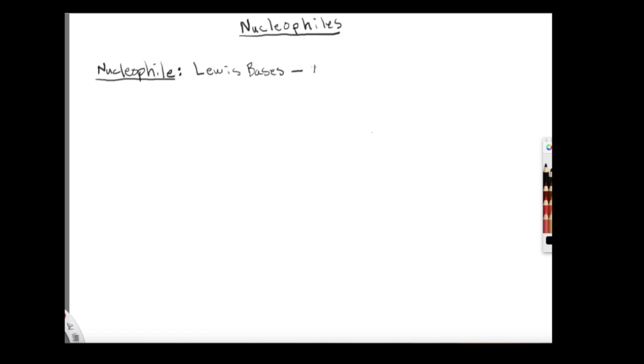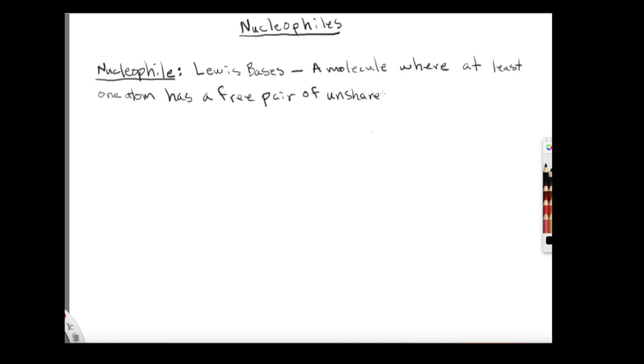A Lewis base is a molecule where at least one atom has a free pair of unshared electrons.